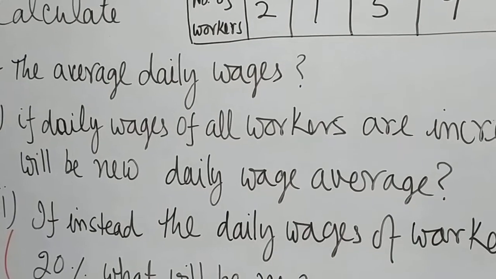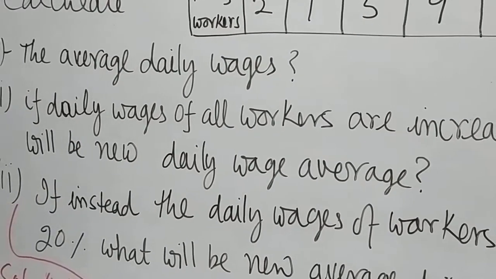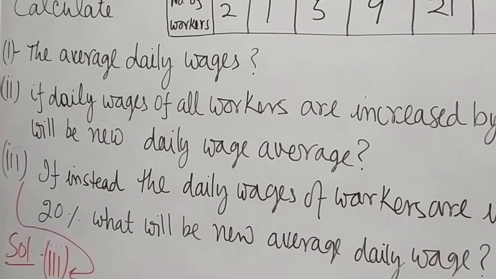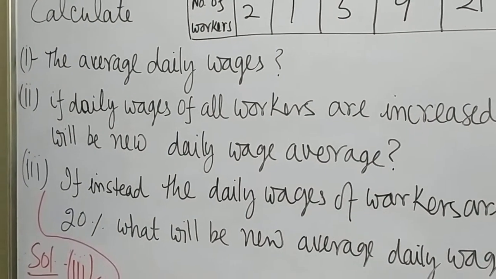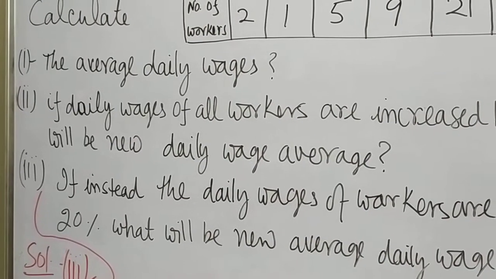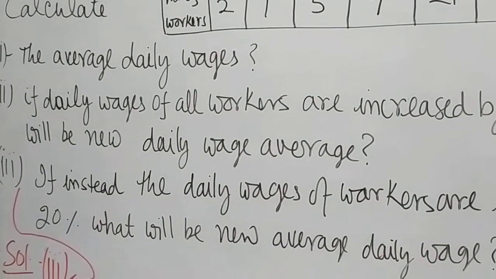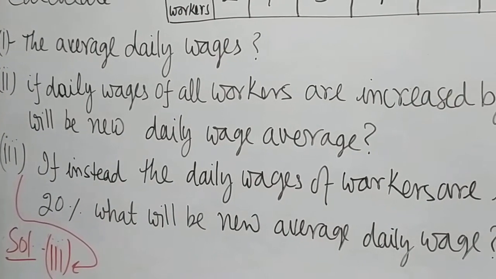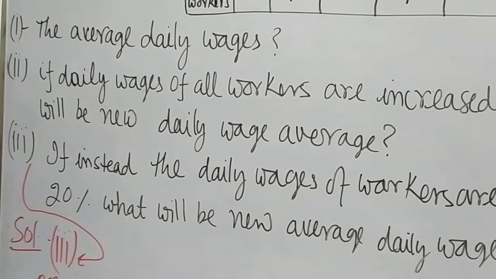Then they have just added some new questions. They could have made a question that if daily wages are decreased by such rupees or decreased by such percent, like in this they increased the wages.